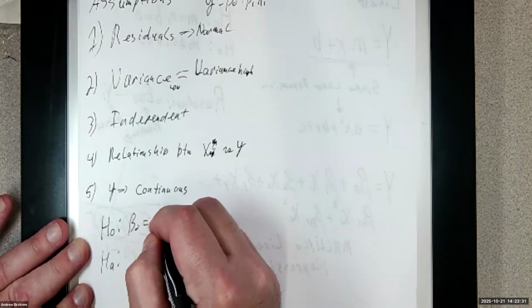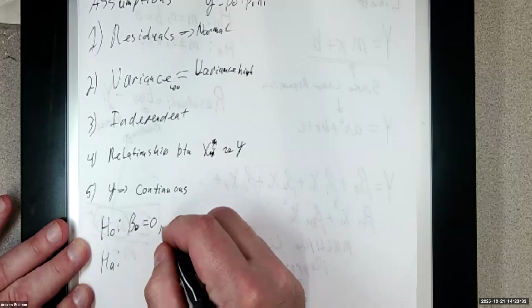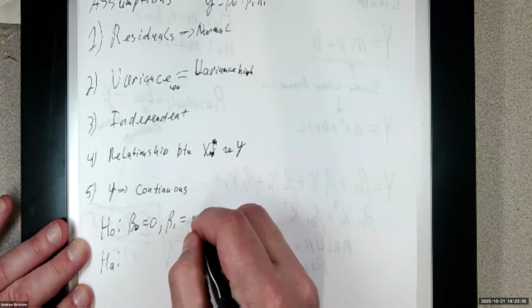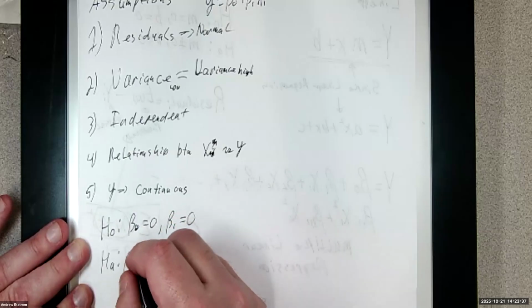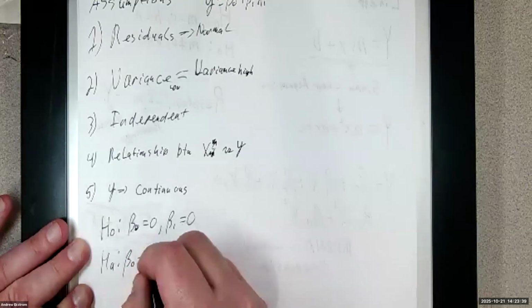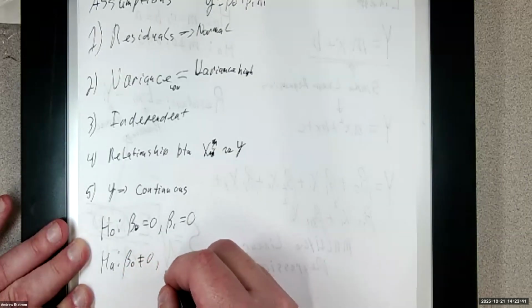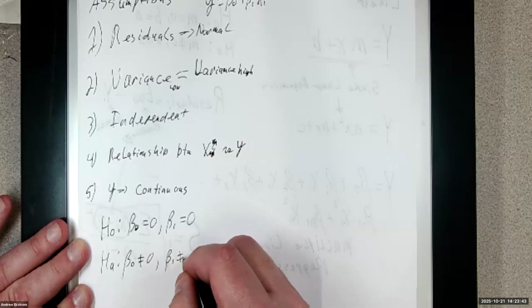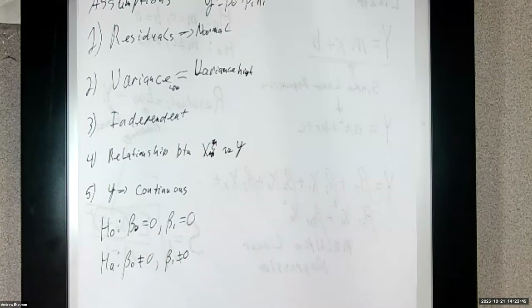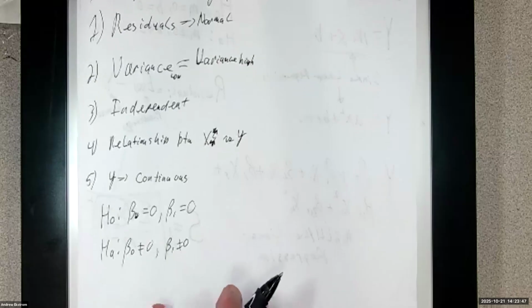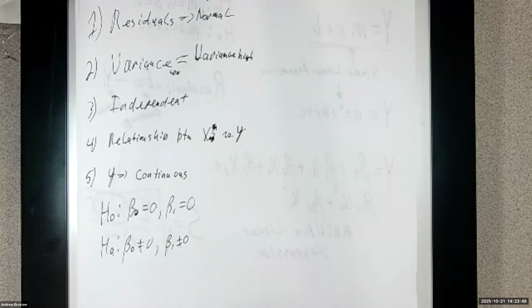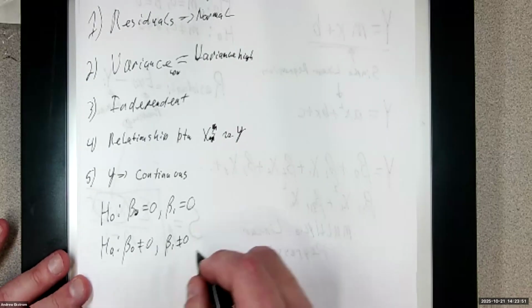So beta 0 is equal to 0, then beta 1 is equal to 0, versus 1 or both of them are not equal to 0.